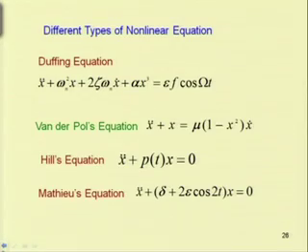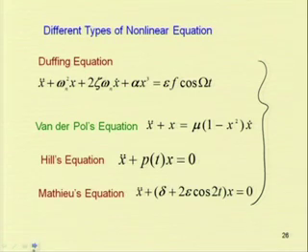The commonly used different types of nonlinear equations are the Duffing equation, Van der Pol equation, Hill's equation and Mathieu equation, and a combination of all these equations. For example, in the case of the spring mass damper system, the equation is of the Duffing equation type.